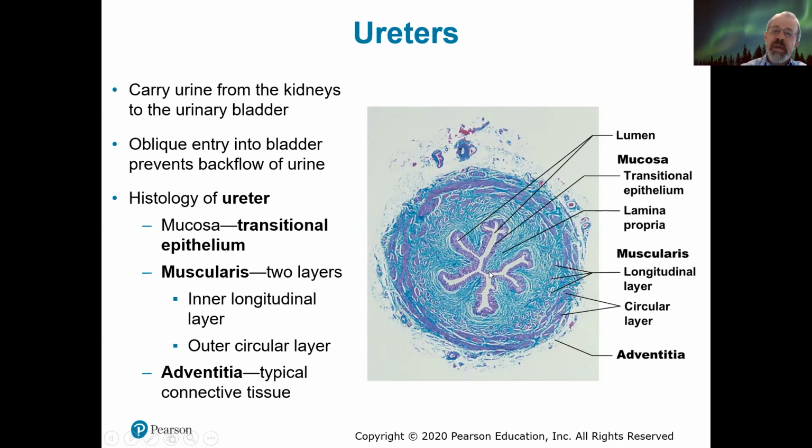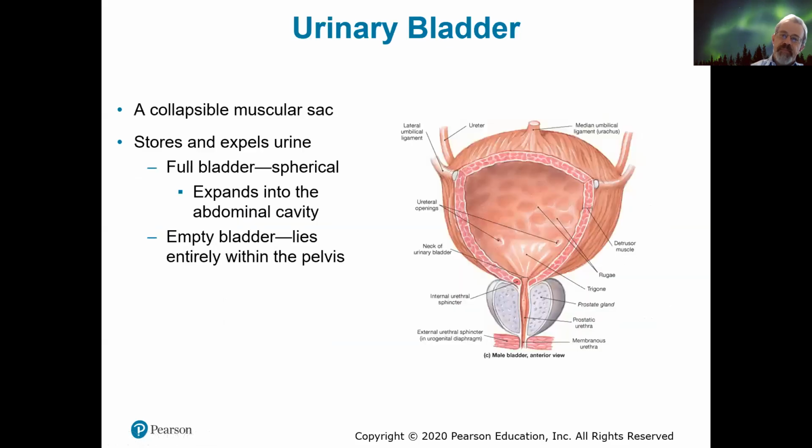So this is the lumen of the ureter. The urine moves from the kidney through the ureter to the bladder. The ureter is shaped so that there's not normally a backflow of urine. It's shaped so that it's kind of a continuous flow.